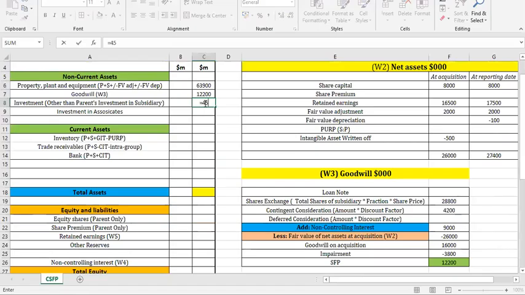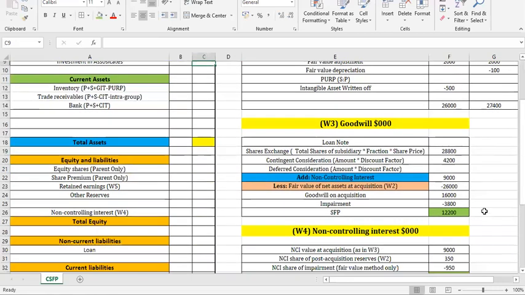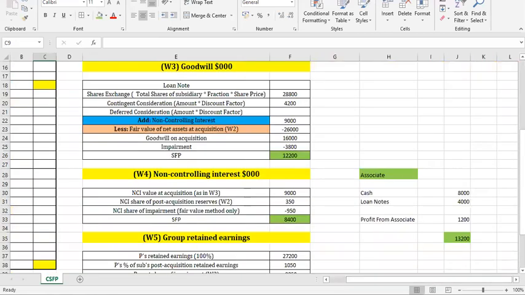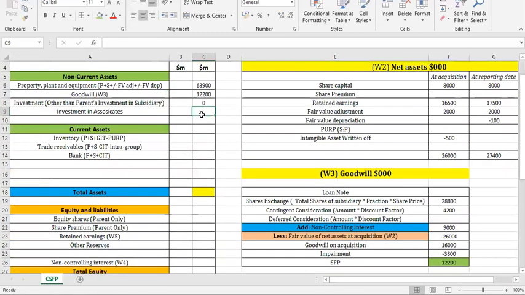So in this 45,000, we have 28,800 in terms of share exchange, 4,200 in terms of contingent consideration, which was recorded, and 12,000 in terms of associate. So that means there is no investment other than the group. Investment in associate, we have already calculated that thing, which gives you 13,200. So it gives you 13,200, which will be recorded over here.